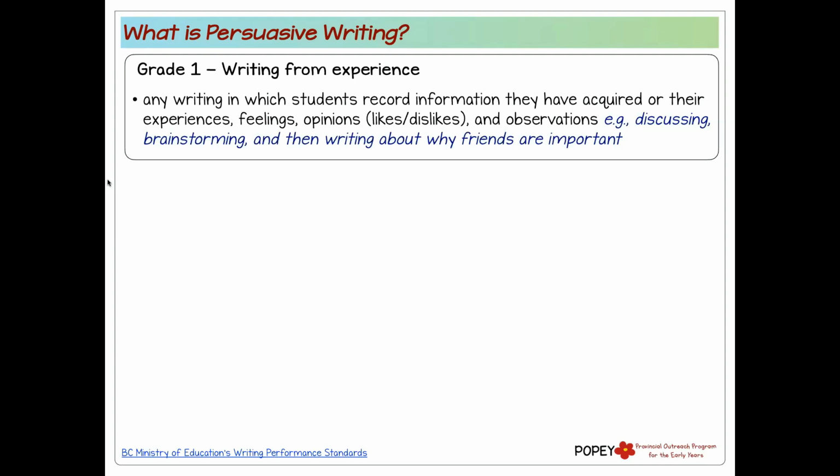So writing where students record information they've acquired, and just as common, if not more common, talking about their experiences, their feelings, their opinions, likes and dislikes, and observations. And in grade 1, you see here in the example, discussing and brainstorming are part of the writing process because they still need that additional scaffolded support. They're not ready to be truly independent with just diving into writing.